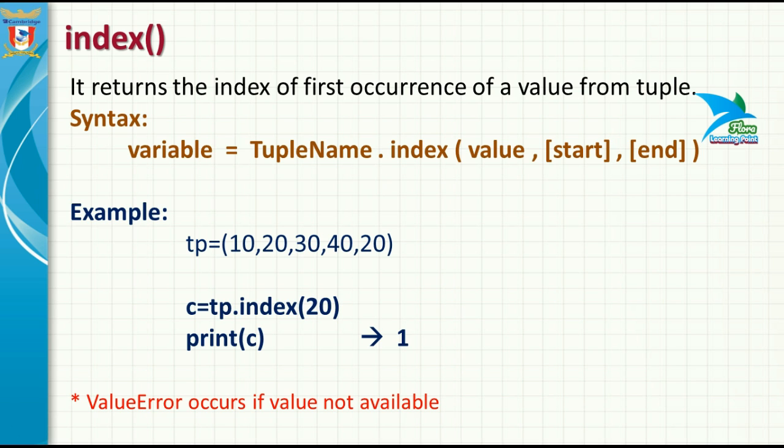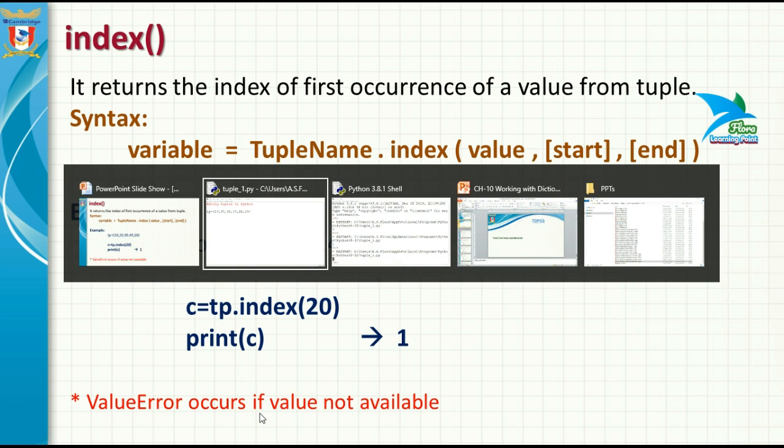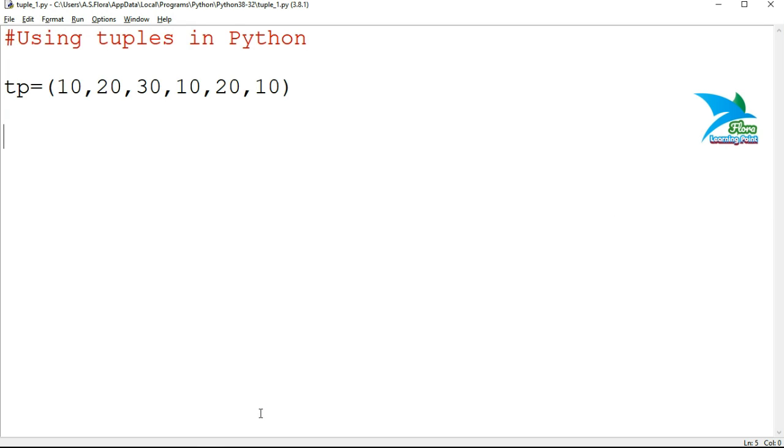So that means it will generate an exception if that particular value is not available inside the tuple. So let's demonstrate. So you can also make use of count or index function to search a particular element. Count function return number of occurrences, and index function returns the index of a particular element.